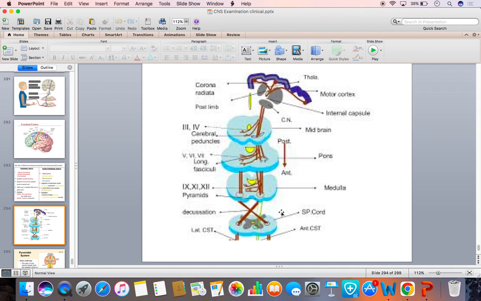At the lower part of the medulla, they cross to the opposite side in decussation.